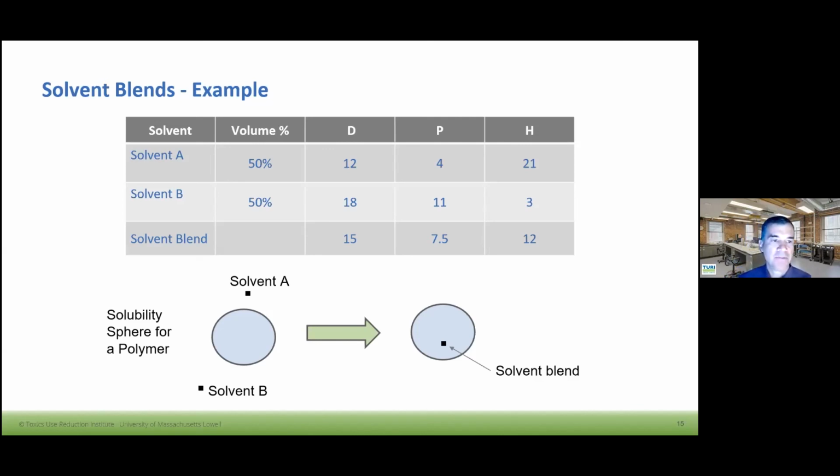However, if you blend those two solvents, in this case 50% each, and create a solvent blend, the resultant dispersion, polar, and hydrogen bonding force values now go inside of that sphere of solubility, and that is a viable alternative. That's a very powerful way of using this method.